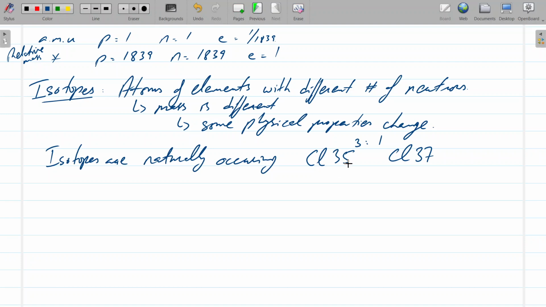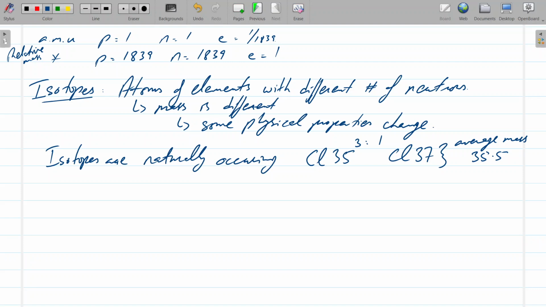It's present in more quantity as compared to chlorine-37. It's there as well, right? And so what they do is they take an average mass, and that's taken as 35.5. So that's one example. There are others, and many elements have isotopes.